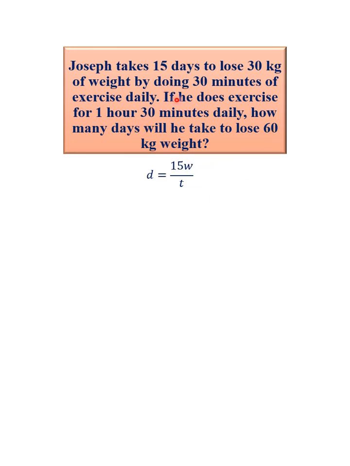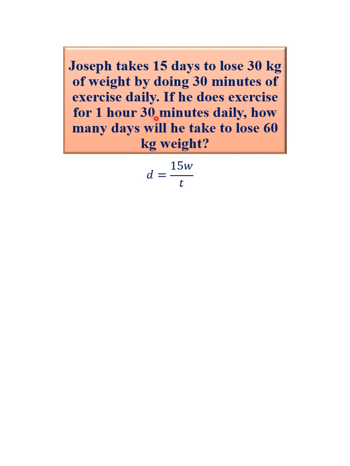Okay, now let's continue. D equals 15W all over T. We are told that he wants to lose 60 kg of weight, so we put 60 in the place of W. How long does it take him to exercise daily? 1 hour 30 minutes. We know that 1 hour is 60 minutes, so 60 minutes plus another 30 minutes gives us 90 minutes.